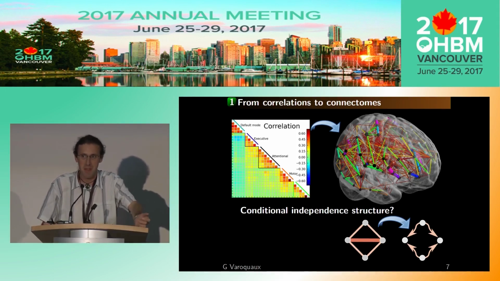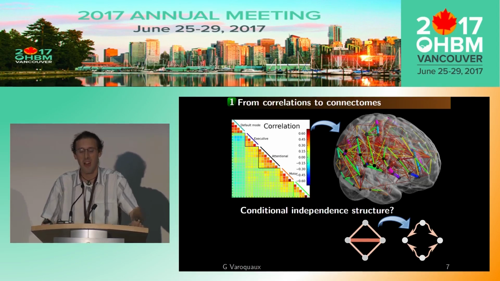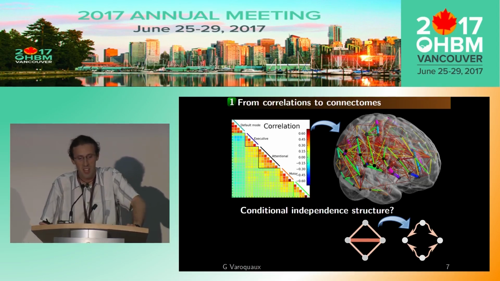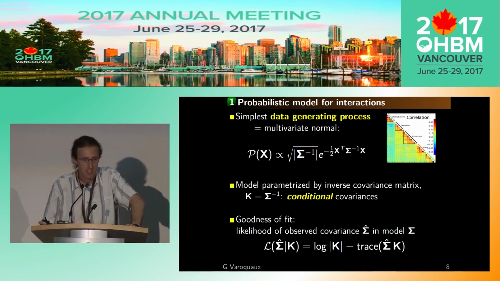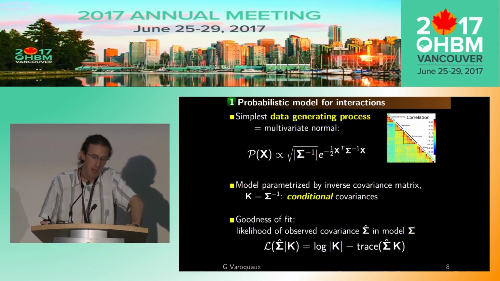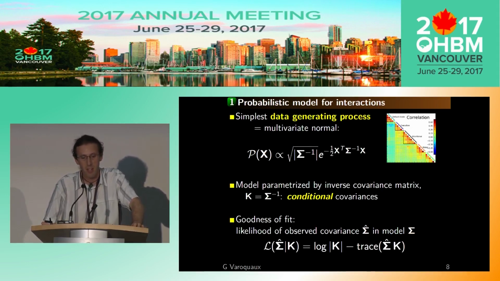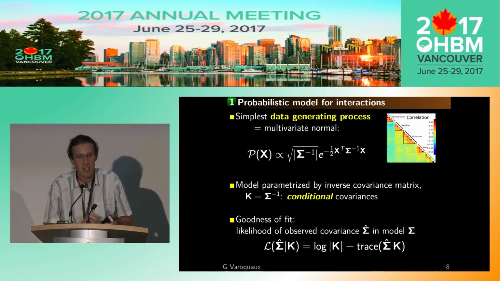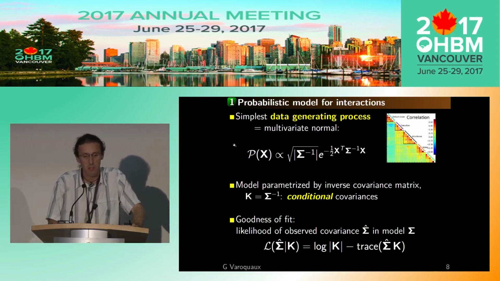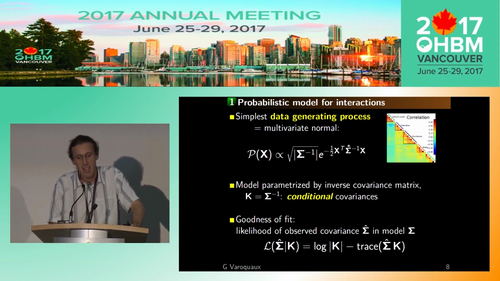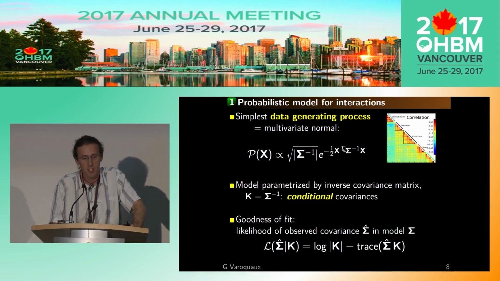One of them was mentioned by Vic: basically, by chance you'll just have high correlations. But we can also put a bit more math on this, so bear with me. The simplest possible model we can use here is the multivariate normal model. I've written the PDF here, and it's just a Gaussian PDF, but the important thing is that X here is the signal, and it's parameterized by the inverse of the covariance matrix. If my signals are normalized, it's the inverse of the correlation matrix.